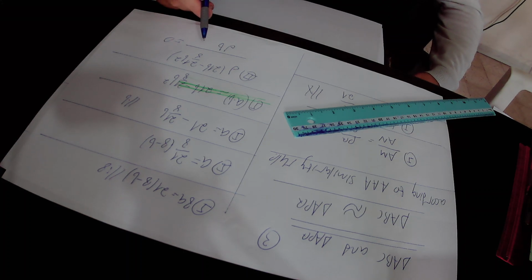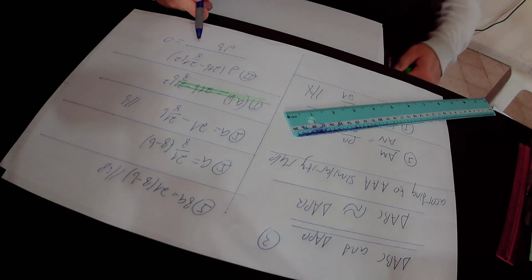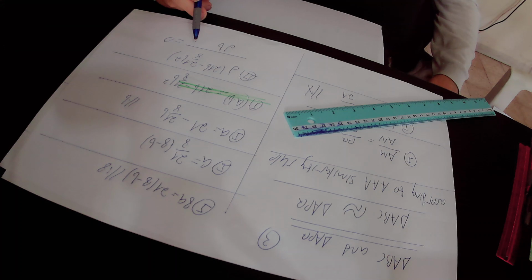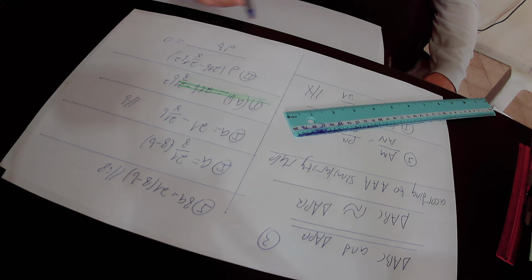And what is the derivative of minus 21 over 8 times b squared? Actually, we know that the derivative of b squared is 2b. Therefore, this expression in total will be equal to minus 21 over 8 times 2b. And it is equal to 0.